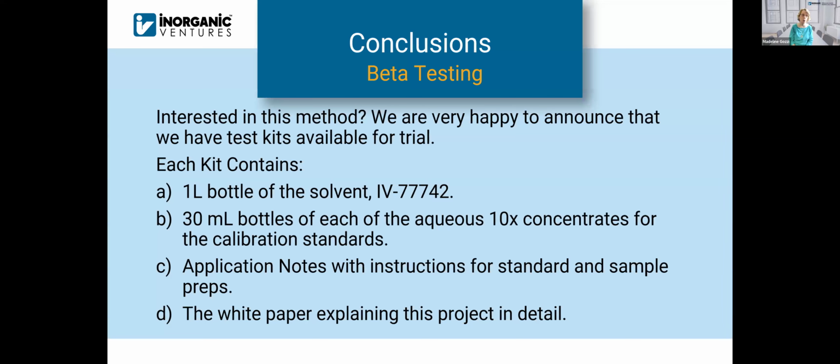The kit contains 30 ml bottles of each of the aqueous concentrates that are used to make the calibration standards. You will also be getting the application note, which has instructions on making the standards and samples. You will get the white paper that is detailing this project with much more information than I could give you right now, and some other documentation which will help in your testing.